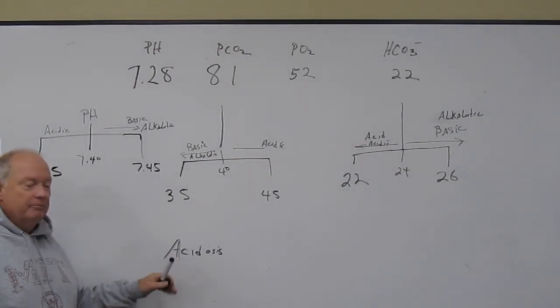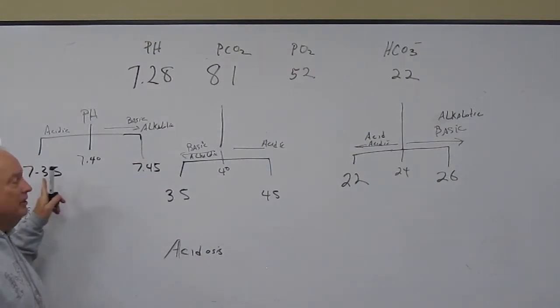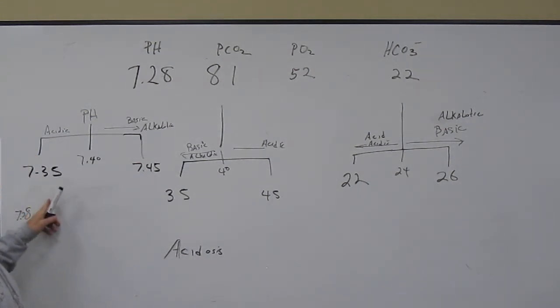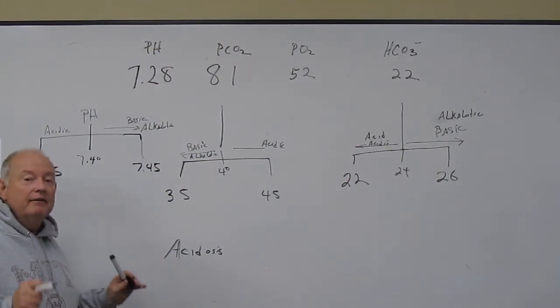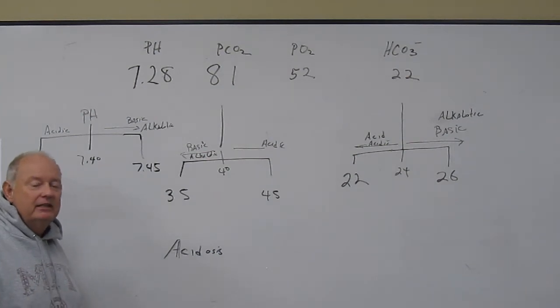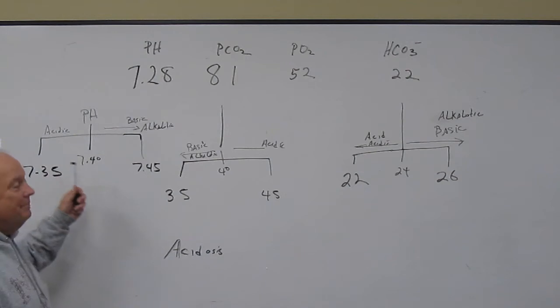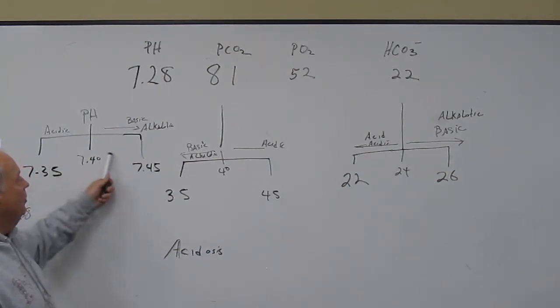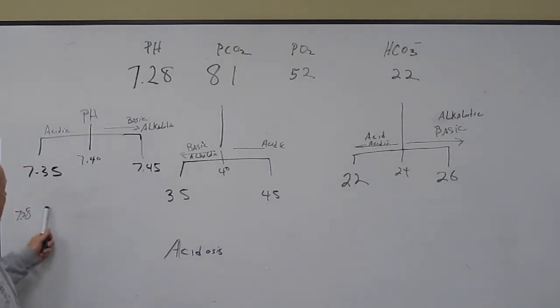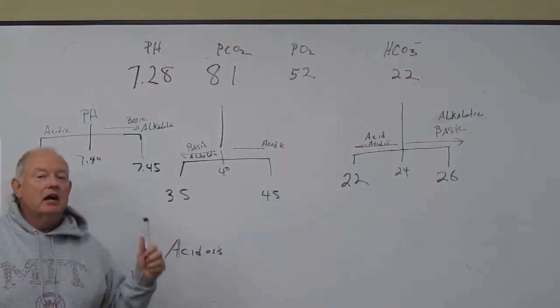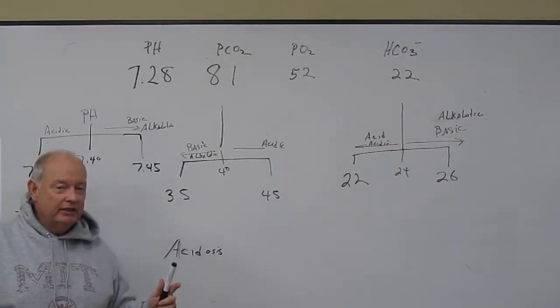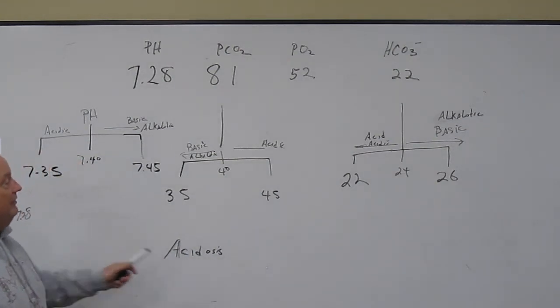The next question, is it within the normal range? No, 7.28 is outside of the normal range, so we know that it is not fully compensated. Anything that is fully compensated has to move the pH back into the normal range. So since this is outside of the normal range, we either know that it is uncompensated or partially compensated. So we have an acidosis.